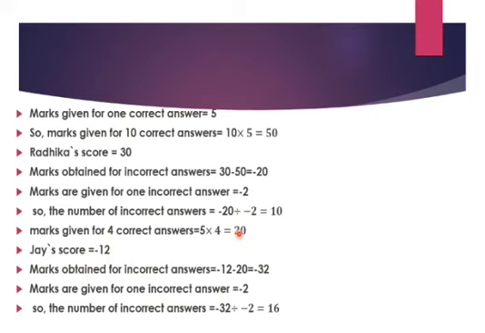Minus 12 minus 20 is minus 32. For one incorrect answer is minus 2. Then the number of incorrect answers is minus 32 divides minus 2. Both of them are negative integers. 32 by 2 is 16, and put a positive sign.